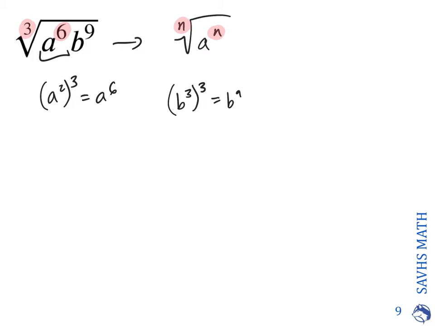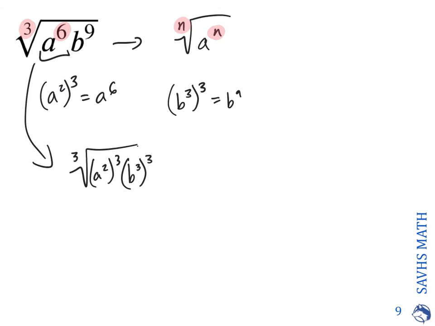So if we rewrite this original expression, we can rewrite it as the cube root of, not a to the 6th, but a squared cubed, and then b cubed cubed. Now our exponents match the index of the radical, and so we can rewrite this as a squared b cubed.